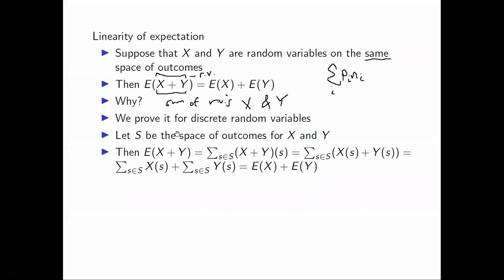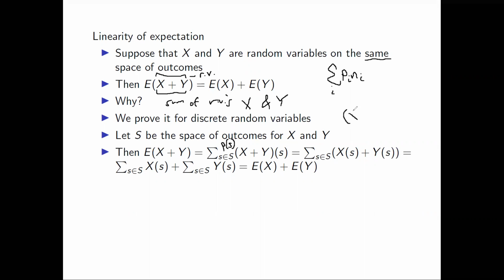So the expectation of X plus Y, we can write using our second version of the expectation definition, where we do the sum over all the possible outcomes. We can write this as a sum over little s, an outcome in our space of outcomes, of the probability of little s times the value of X plus Y when the outcome is little s.